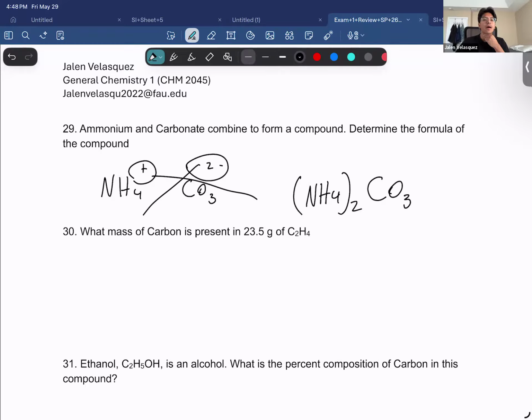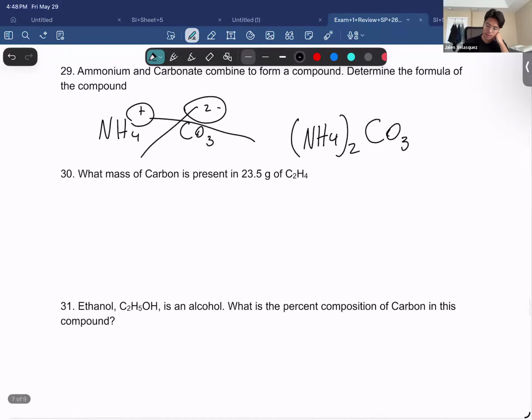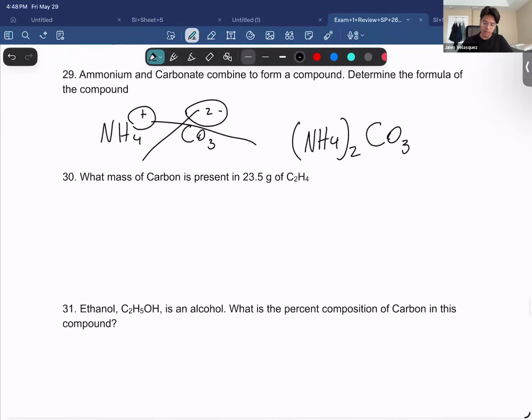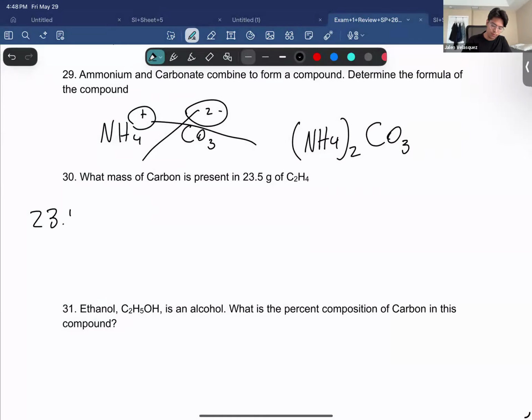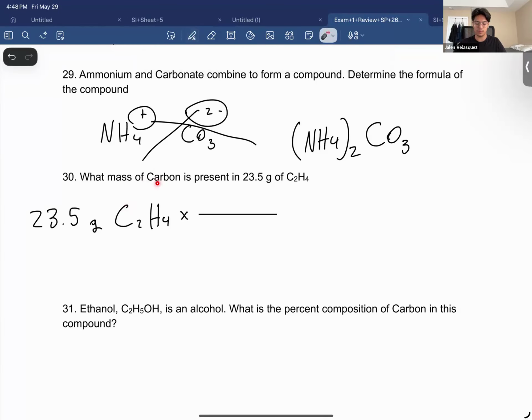Okay. Number 30 here says, what mass of carbon is present in 23.5 grams of C2H4? So I'm starting with 23.5 grams C2H4. I need to figure out how many grams of carbon are in this compound overall.